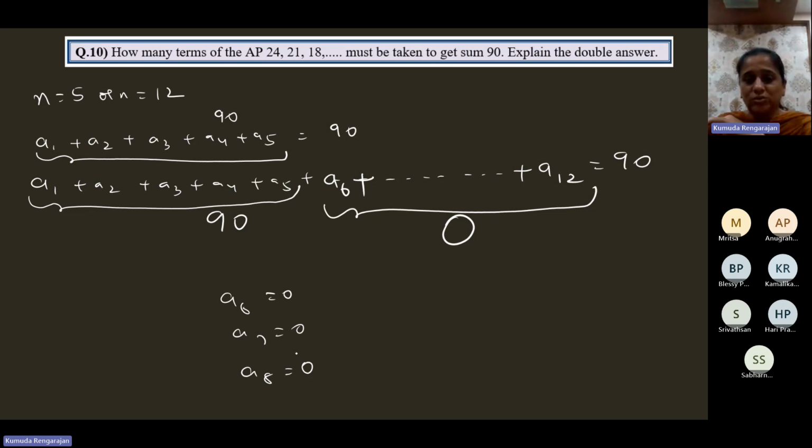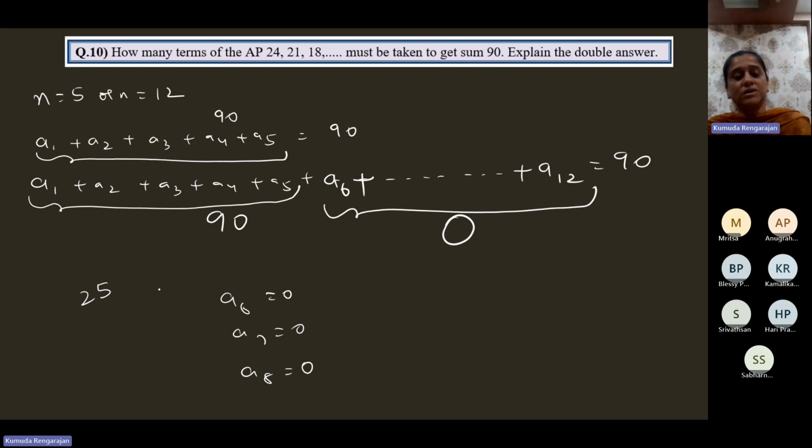The terms are positive and negative, so collectively their sum is 0. So say you have a positive 25 and a negative 25. How many terms are here? A6, 7, 8, 9, 10, 11, 12. 7 numbers, right? So the sum of 3 numbers, say, is a positive 25.